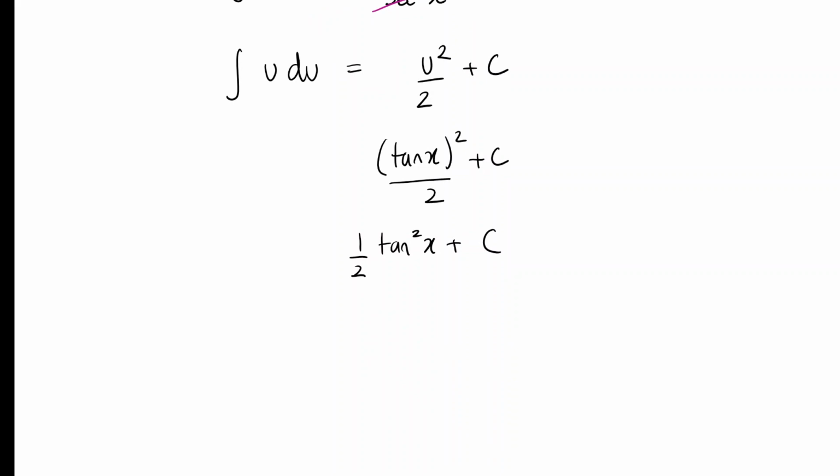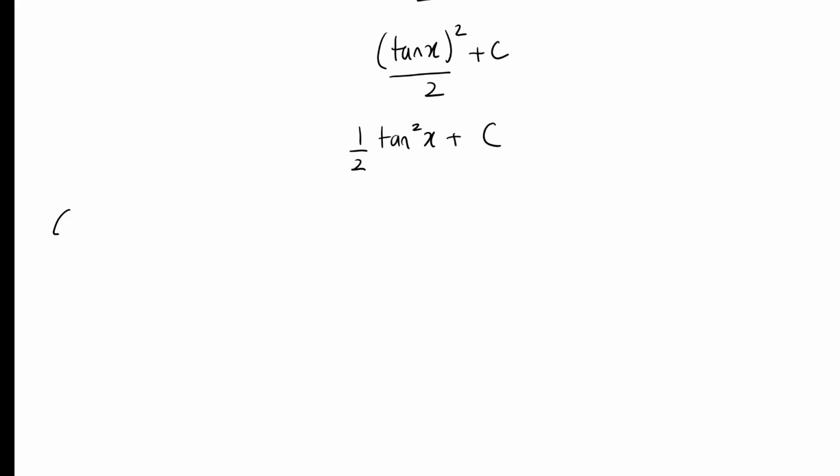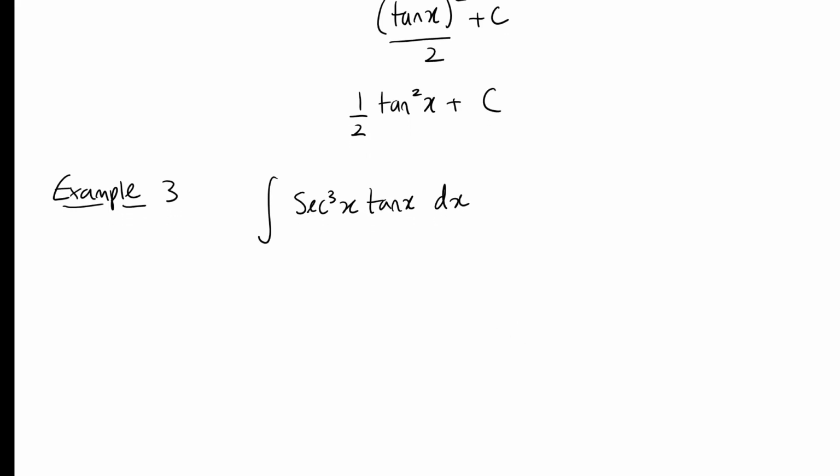Okay, moving on to a third example. That's just a little more tricky. Example 3. The integral of sec cubed x tan x dx. This one needs to be rewritten.